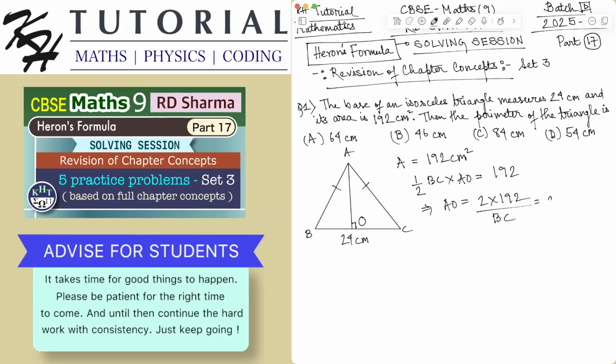This is equal to 2 multiplied by 192 divided by 24. How much is this? 192 divided by 12 is 16. So AO is 16 centimeter.